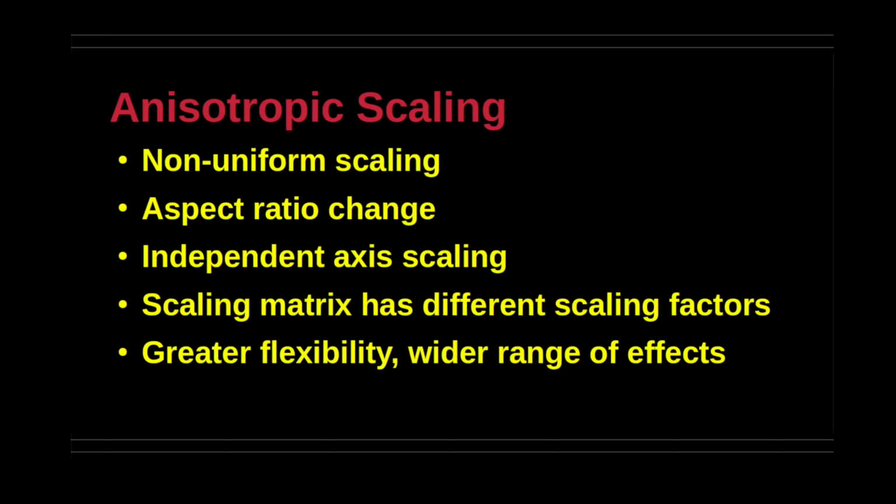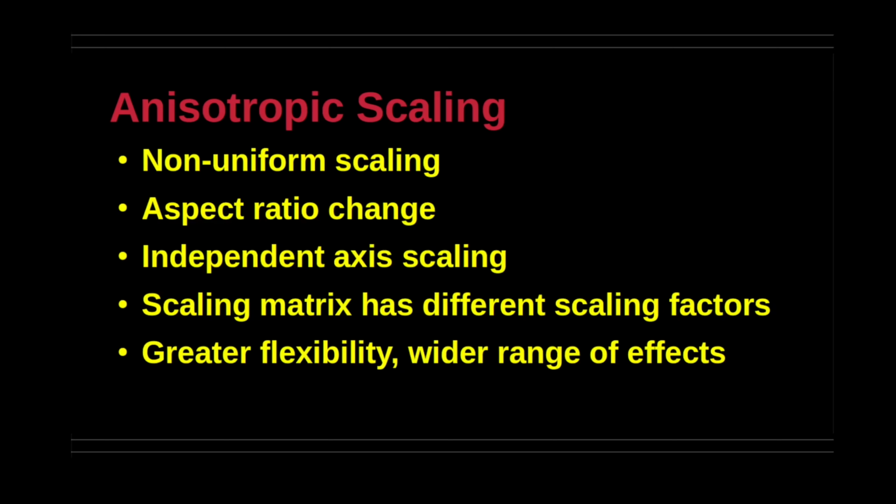Independent axis scaling. Each axis can be scaled independently. Stretching or compression. Depending on the scaling factors, the object can be stretched or compressed along specific axes. Preservation of shape. While the overall shape changes, the relative proportions within the object are maintained.